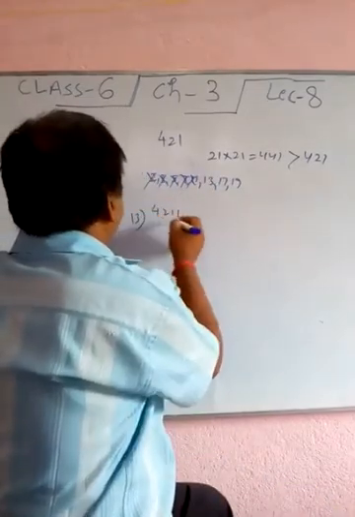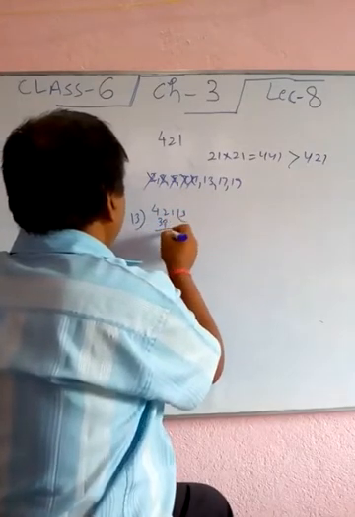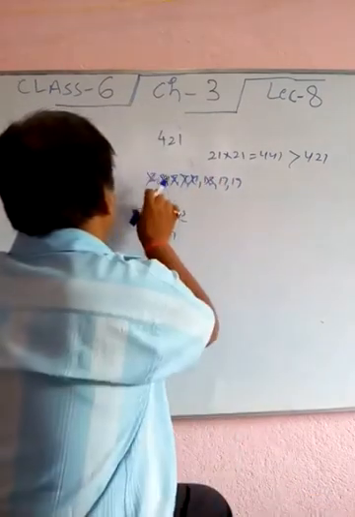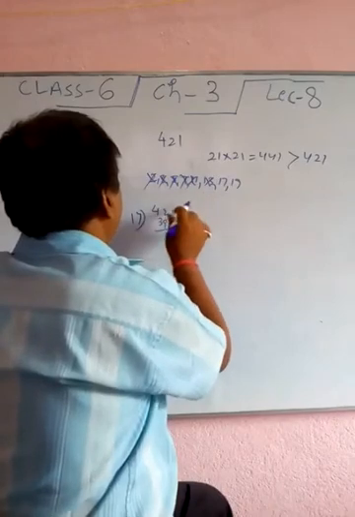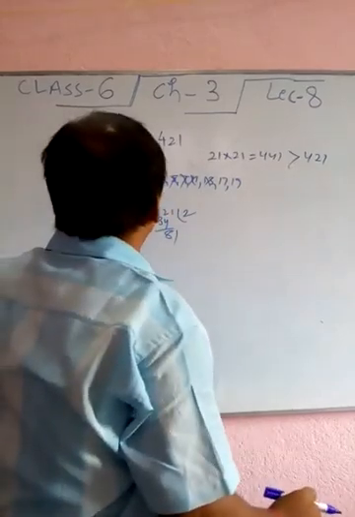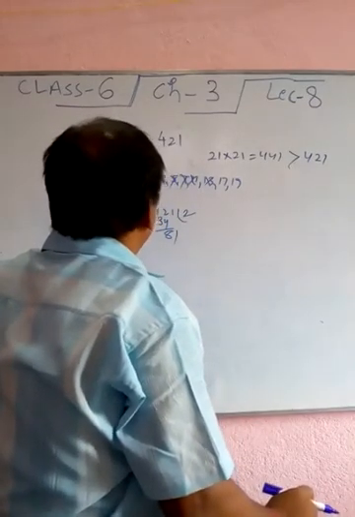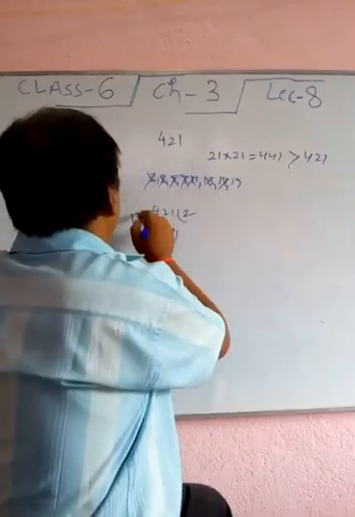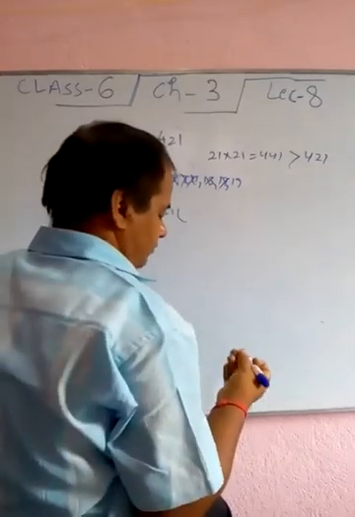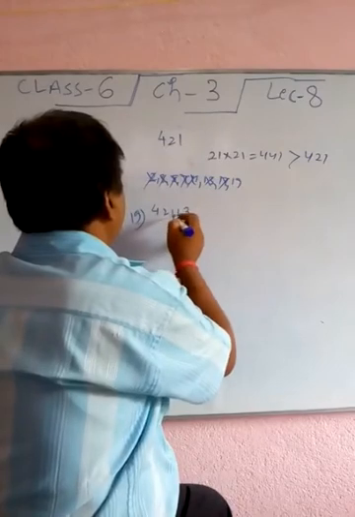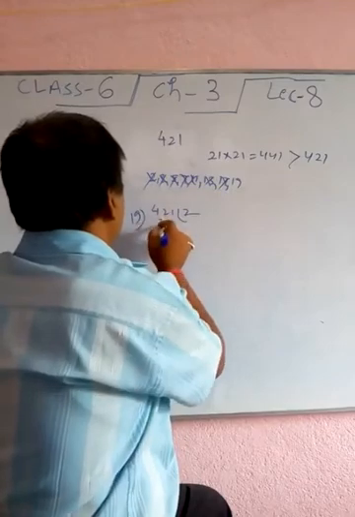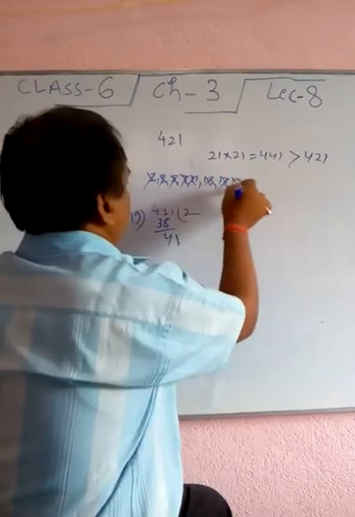By 13, not possible. By 17, not possible. By 19, not possible. So this is prime.